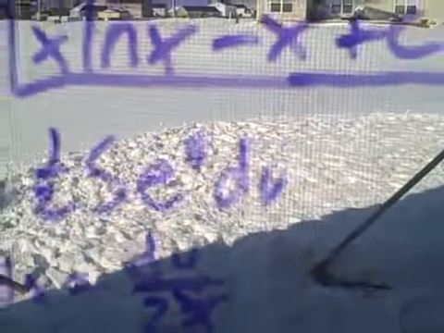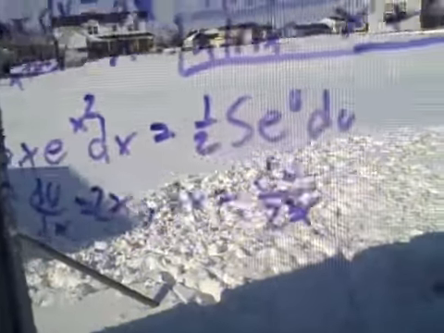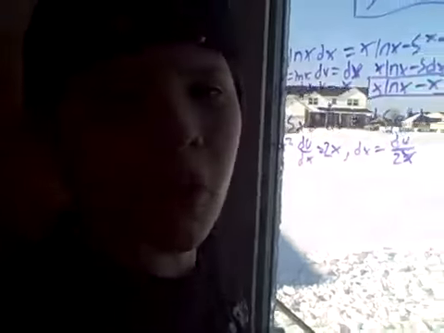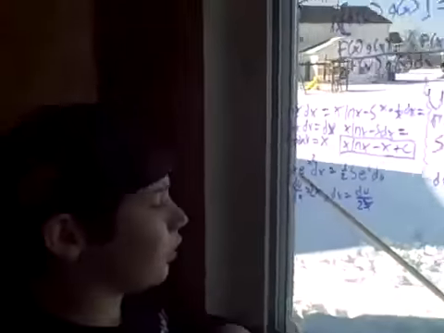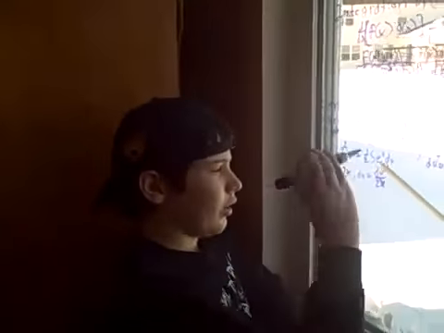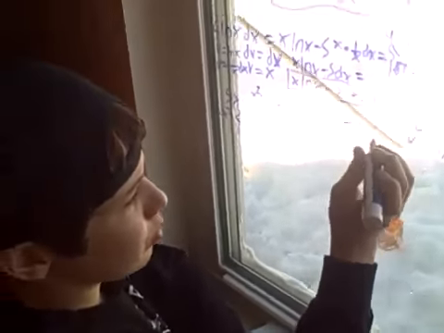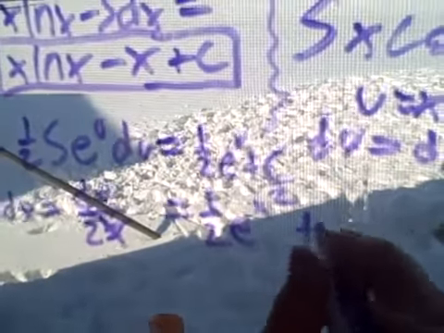I could have done integration by parts for x e to the x squared, but it's easier to do u substitution, so always watch out for u substitution. You can do integration by parts in a lot of scenarios, but you might want to watch out for this u substitution. Okay, so I'm going to finish this integral, and then we will continue on with trigonometric integrals next time. This integral becomes 1/2 e to the u plus c, very obviously. This becomes 1/2 e to the x squared plus c.